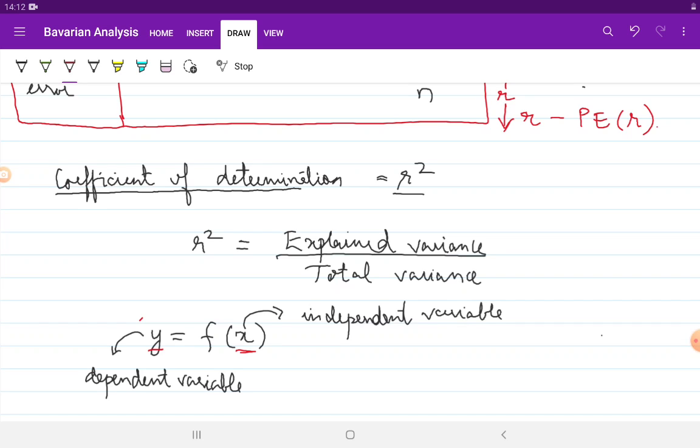So it gives us an idea about the explanatory power of the independent variable. I won't go into more detail than this because I don't think you need it at the moment.